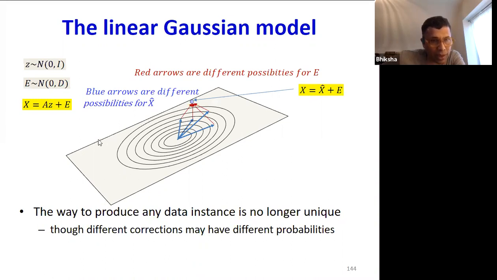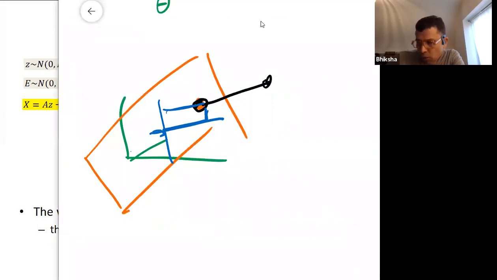And if you know the principal subspace, the linear Gaussian model differs from PCA in one very key way. In PCA, if I give you the principal subspace and I give you the data point, there is only a unique way of generating the data point. Basically in PCA, if I told you that this is my principal subspace and this is my data point, then there's only one way of generating the data point.